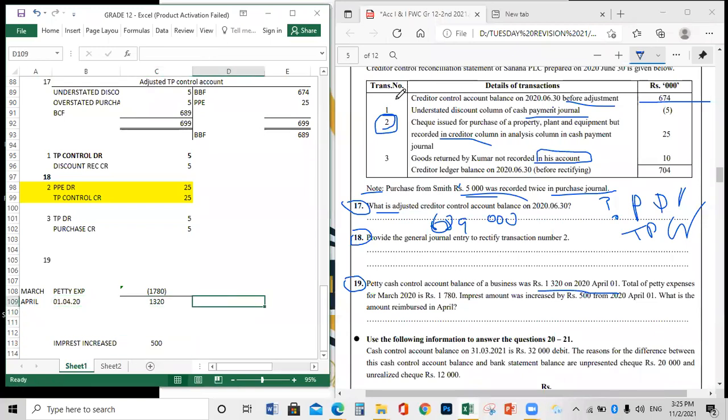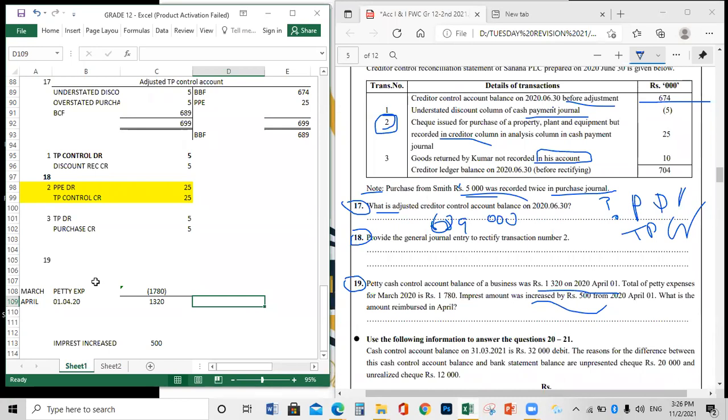My question for you all is, what is the amount of imprest before this increase? The original imprest amount. Can you all tell me? What is the original imprest value?